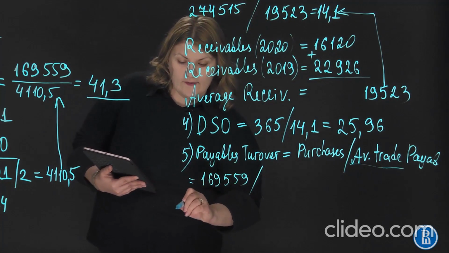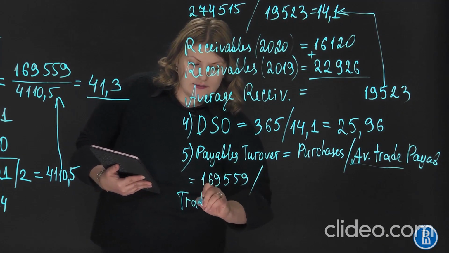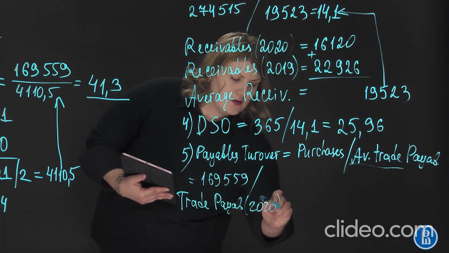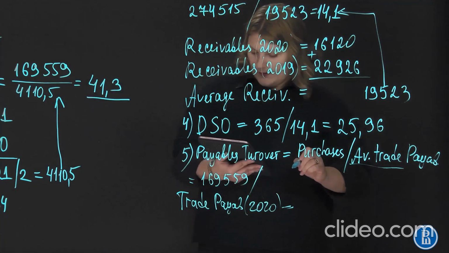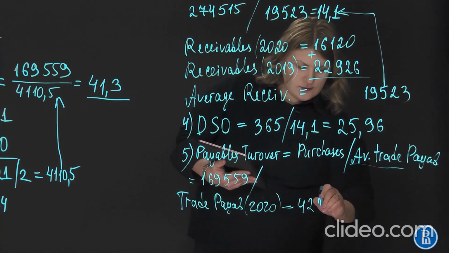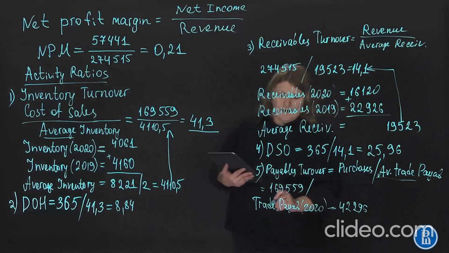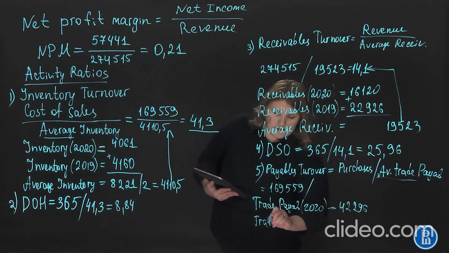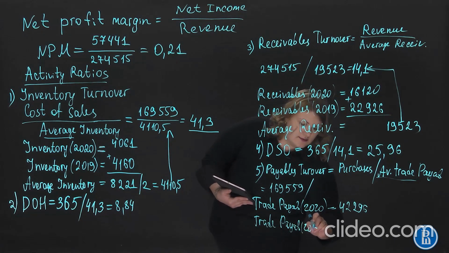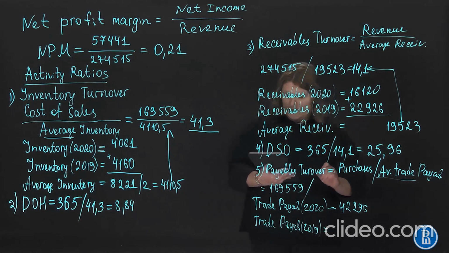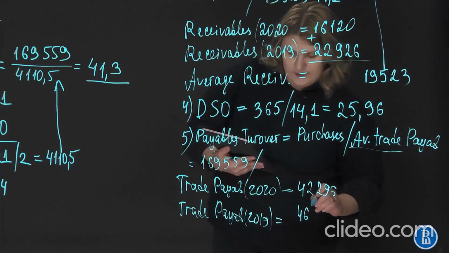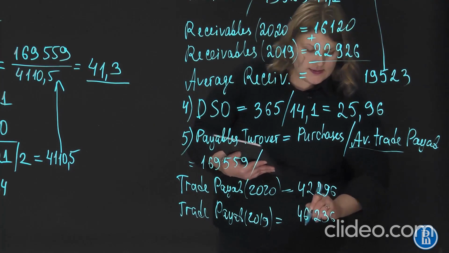Now, to find the average trade payables, we need to look at trade payables for 2020 in our report. In our report, it is 42,296, and trade payables for 2019, which was 46,236.